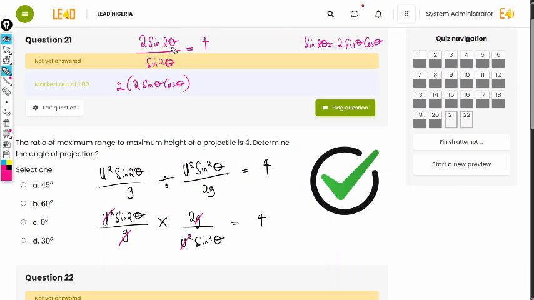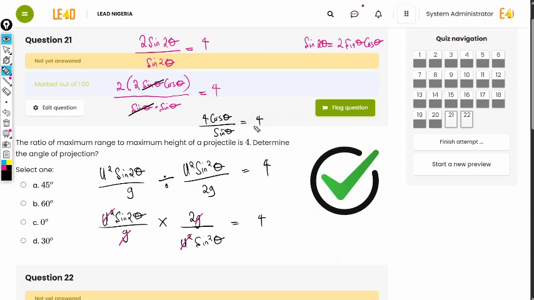Okay, so sine 2 theta is 2 sine theta cos theta, so 2 times that, all right, over sine squared theta, which is just, let me write it as sine theta times sine theta, is equal to 4. Okay, so just track with me. We are doing math now, no longer physics as here. So this can cancel out this, and we would have 4 cos theta over sine theta is equal to 4.